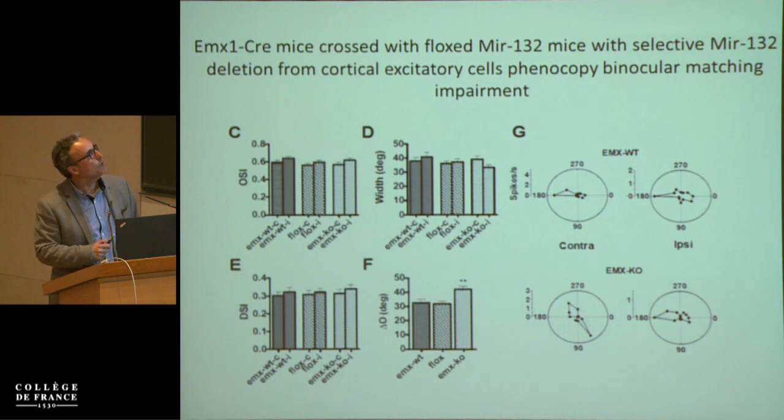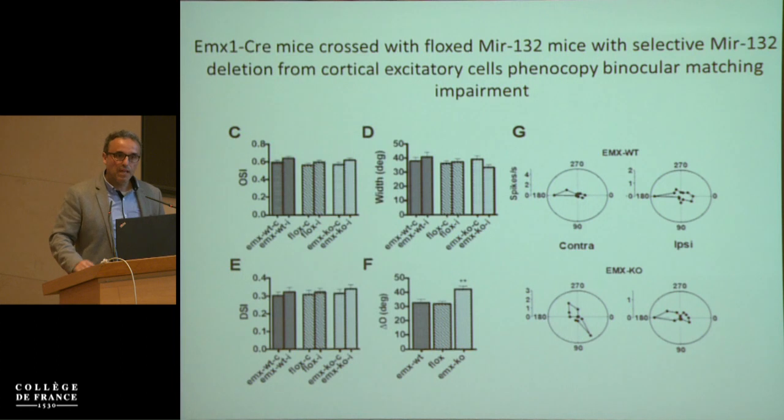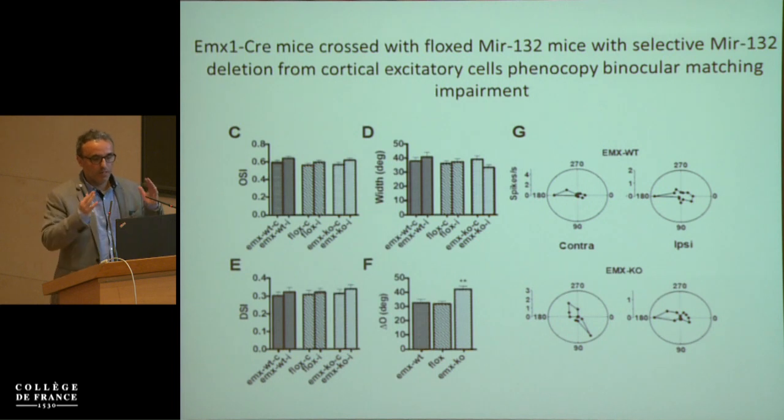This is what you get using this line. So we think that MIR132 acts in excitatory neurons, requiring excitatory neurons for this process of alignment of inputs.